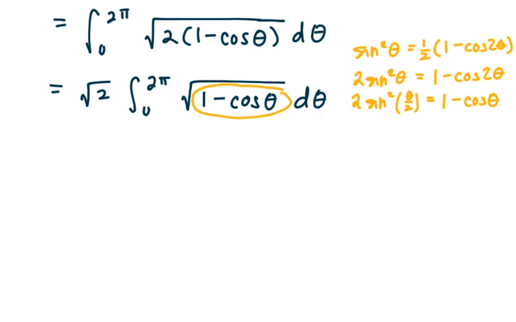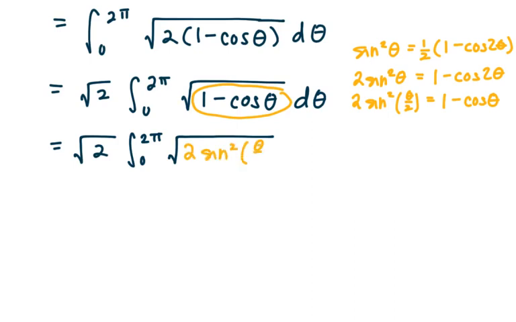So now I have the square root of 2, the integral from 0 to 2 pi, of, under my radical, 2 sine squared theta over 2 d theta.